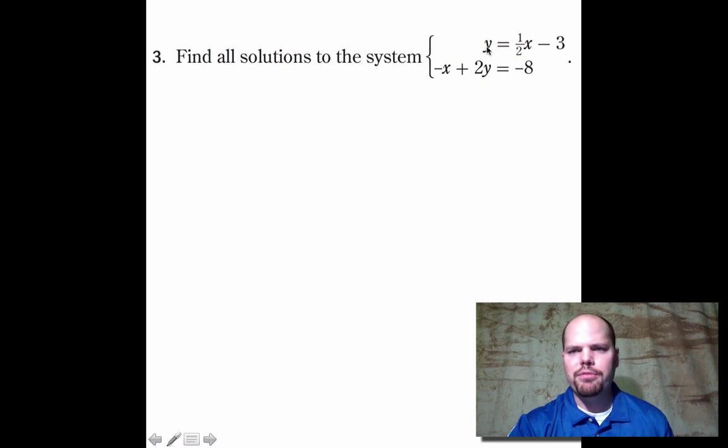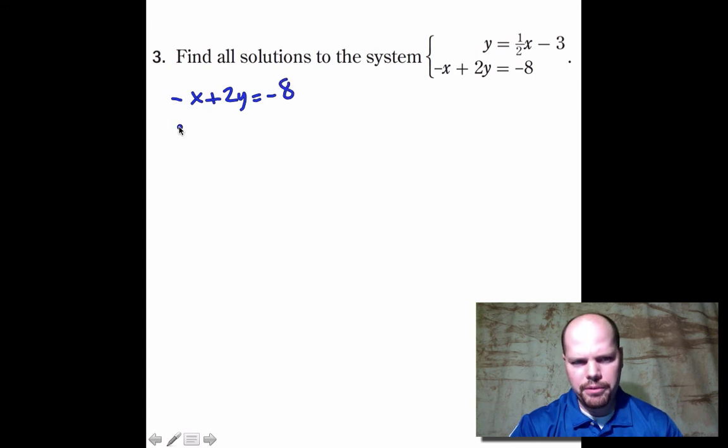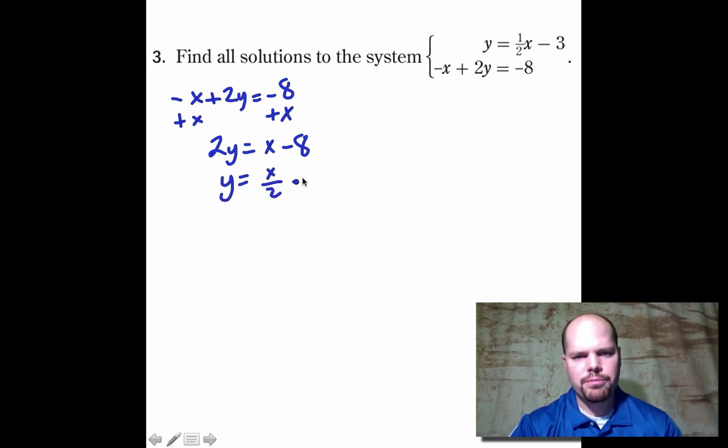So we're going to graph y equals 1/2 x minus 3. This equation here is set up to get the x and y intercepts, but let's just solve it for y so that we can graph these. Okay, so if I have opposite of x plus 2y equals negative 8, I would need to add x to both sides. So then I'd end up with 2y equals x minus 8, divide by 2, so I get x over 2 minus 4, right?